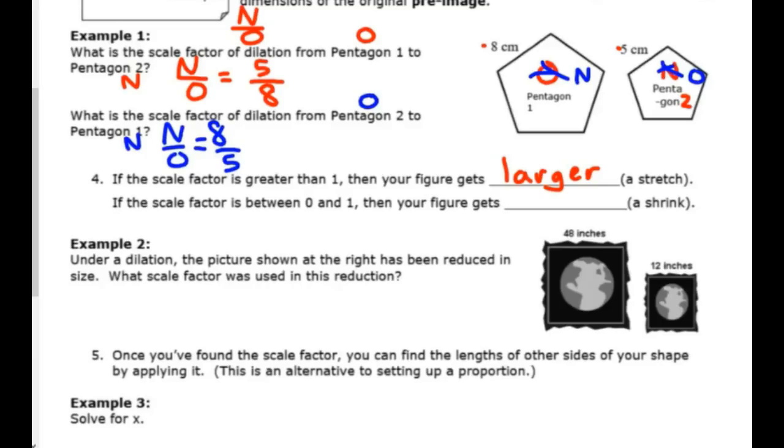So it gets larger if your scale factor is greater than 1, and then if your scale factor is between 0 and 1, what kind of numbers are between 0 and 1? Tell me a number between 0 and 1. 0.5, meaning a decimal or even a fraction. So fractions and decimals that are less than 1, it's going to get smaller, or shrink.